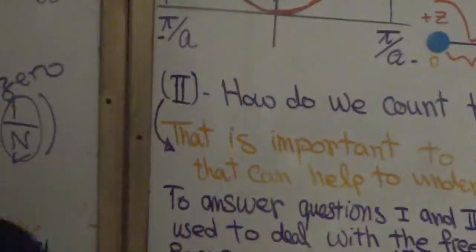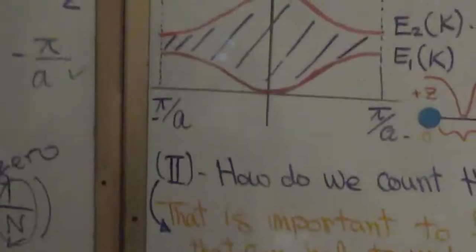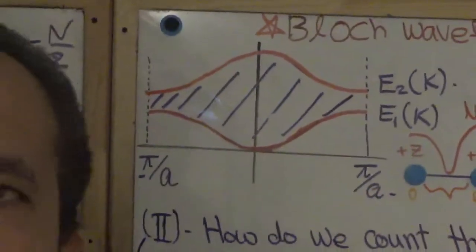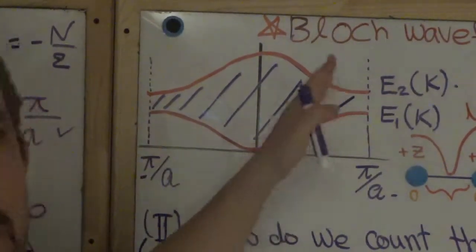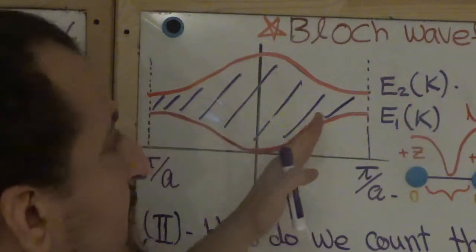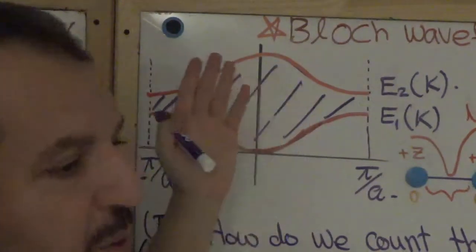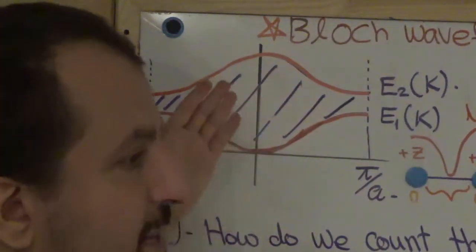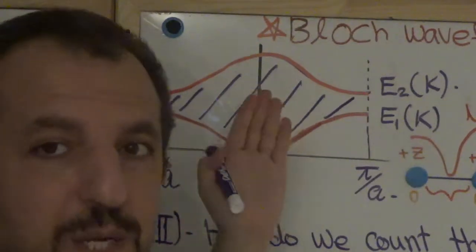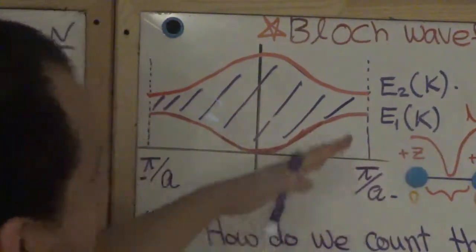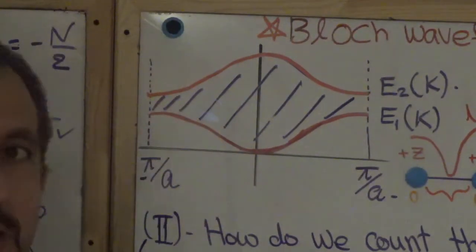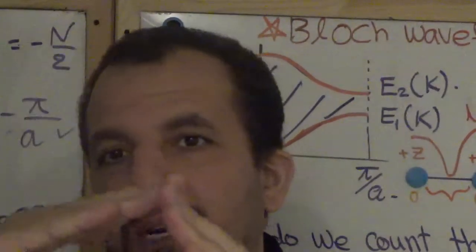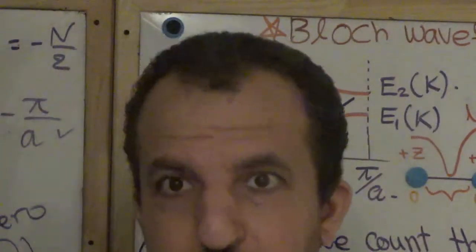So I will go closer and move the camera a little bit up. This is actually what we need to study. This is what we have in k-space. And this actually represents the plot of the dispersion relation. How can we get this plot right here? And we agree, guys, that we have discrete energy levels.